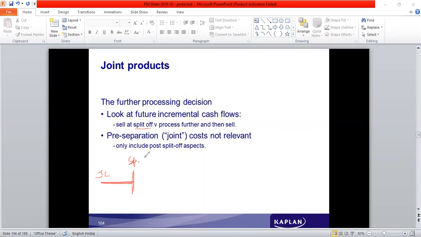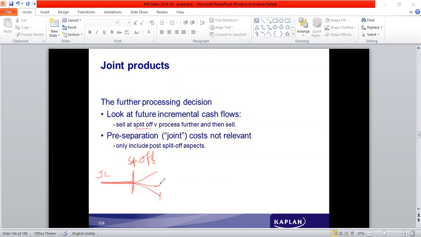So until this point, the work which is completed is only half. They are still in the intermediary stage. Some more processing has to be taken up. They have to be processed further. So they get separated at the split off point, and the further processing is done.